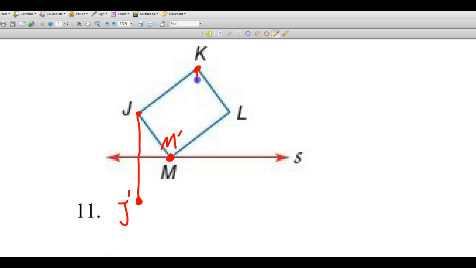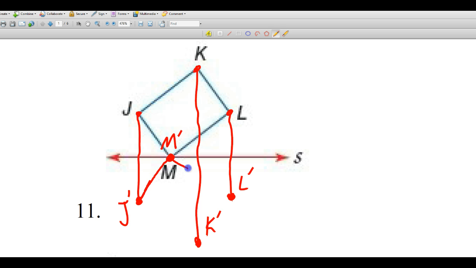For K, a line perpendicular, and whatever the distance to K is here, it would be equidistant from the line on the other side, so there would be K prime, and the same with L. And then you connect your vertices.